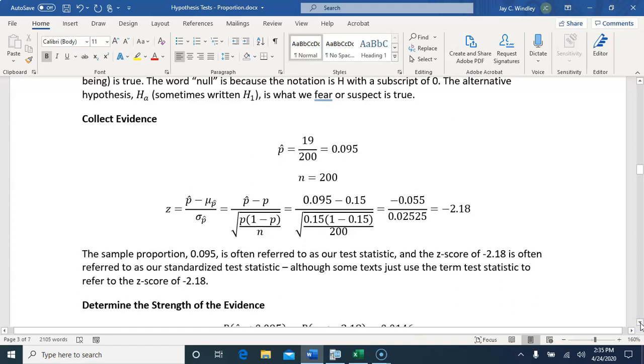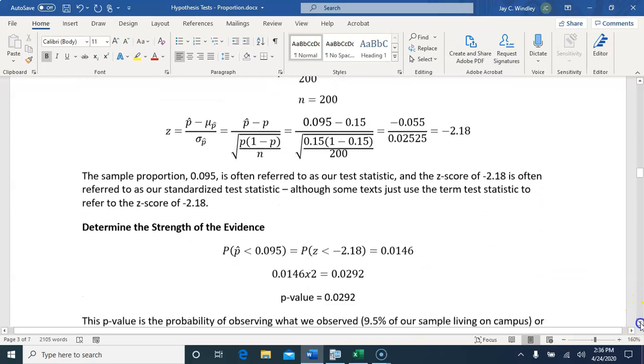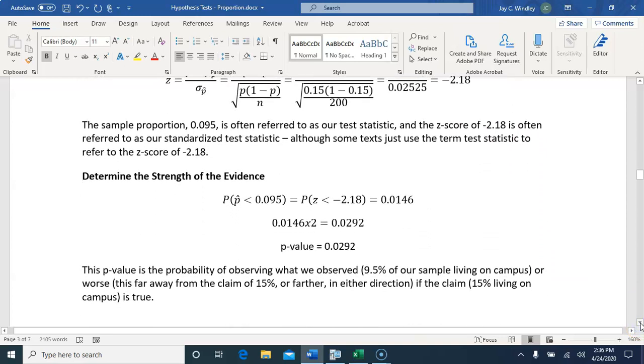This 0.095 is from our sample, so that's sometimes referred to as the test statistic. Then we turn that into a z-score. This is sometimes referred to as a standardized test statistic, although some books just call this final z the test statistic. So now we determine the strength of the evidence by finding the probability of such a z-score.